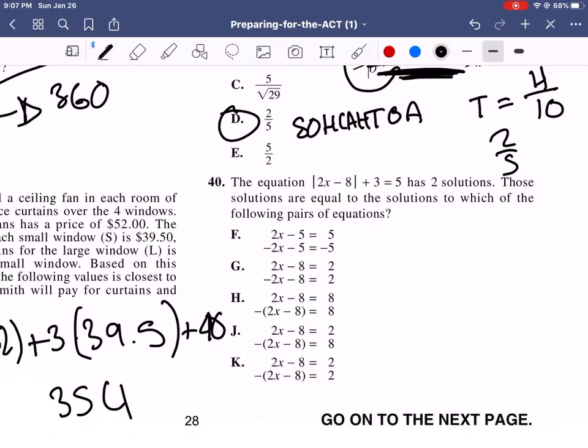So to get the two solutions of the absolute value of 2x minus 8, plus 3 equals 5, you turn everything in the absolute value to the opposite. You first keep it the same: 2x minus 8 plus 3 equals 5.